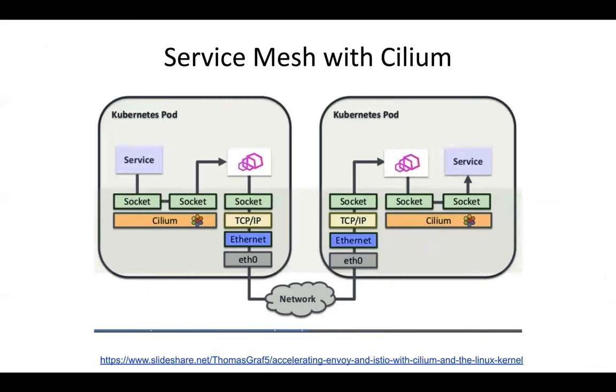With Cilium, on the other hand, it looks like this. As I mentioned, Cilium can replace kube-proxy in total, so Kubernetes will no longer use IP tables to route the traffic, let's say. And Cilium itself can also manage your traffic a bit differently than pure Kubernetes does.